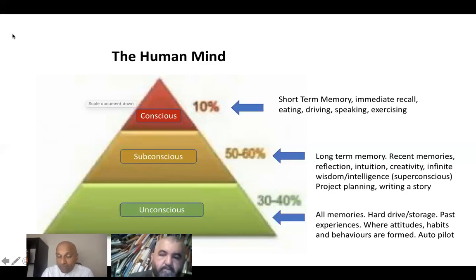It's normally a place of reflection or intuition, or where creativity or infinite wisdom and intelligence can play its part. This is where the superconscious comes into play, particularly where we are looking to be our most creative and to be guided by our intuition, by our inner voice. So that would be the superconscious.